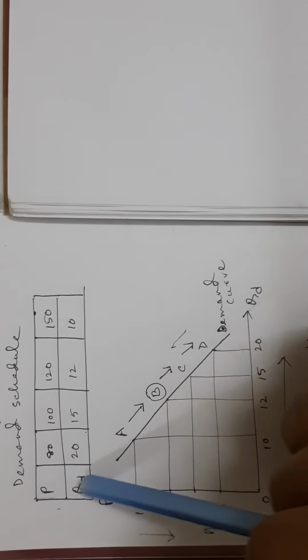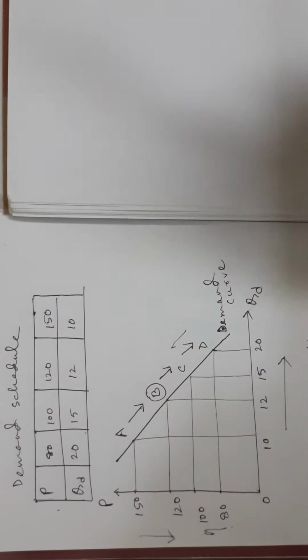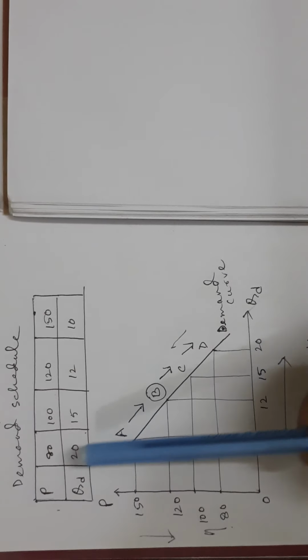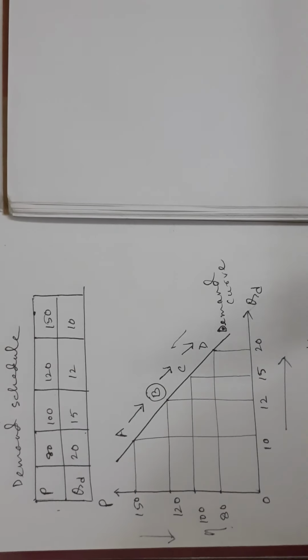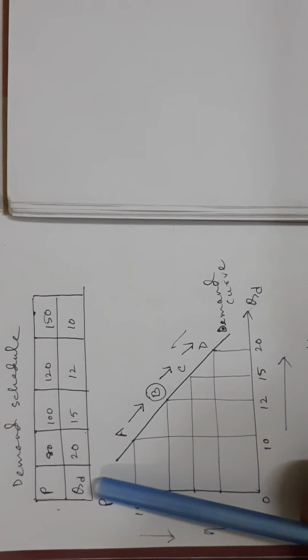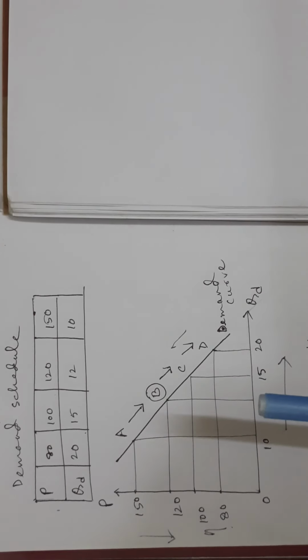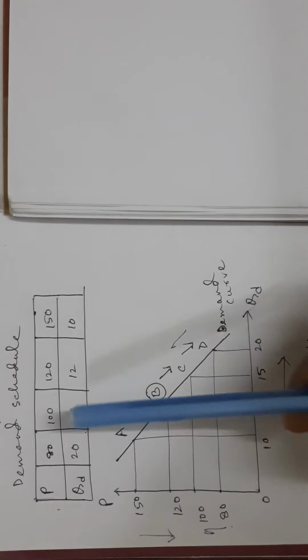See, this table is called a demand schedule. This demand schedule shows the relationship between price and demand. QD indicates quantity demanded, the amount of demand. So you see, this is very easily understandable.